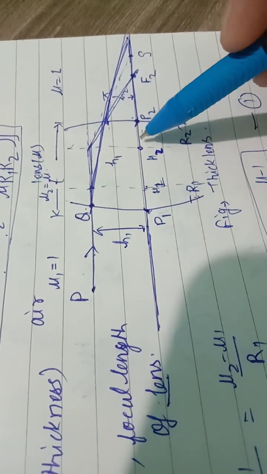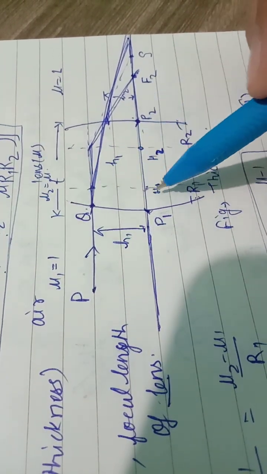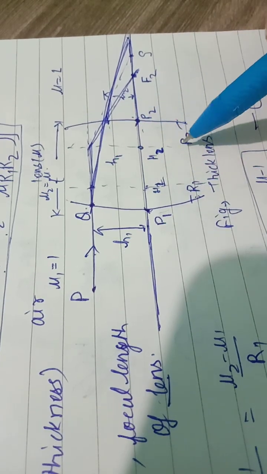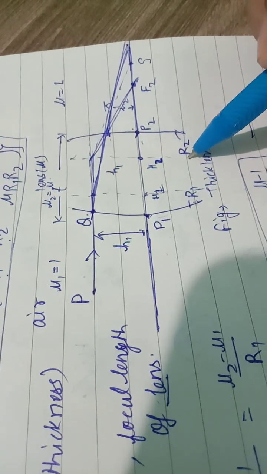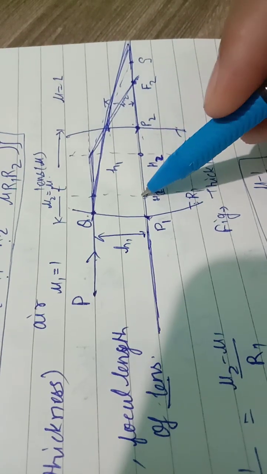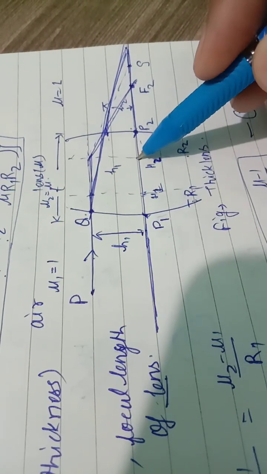These are the two principal points, and this dotted vertical line is the first principal plane, and this is the second principal plane.